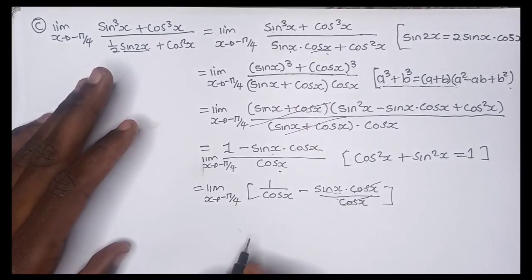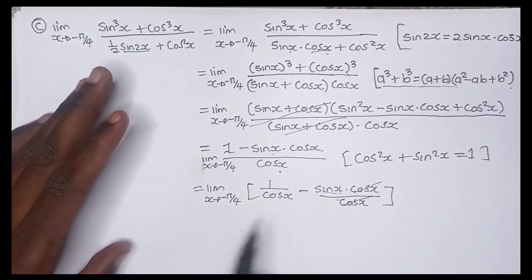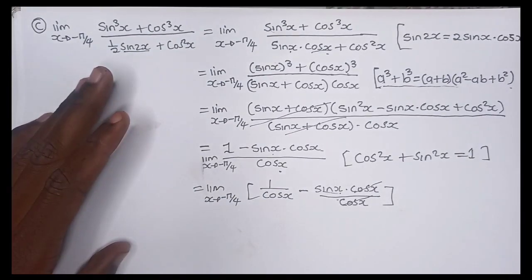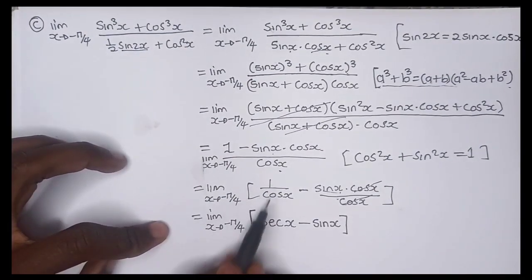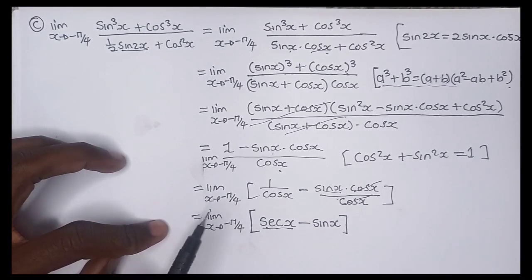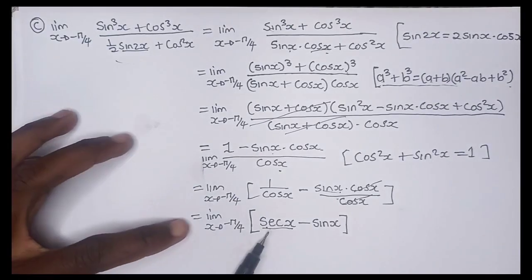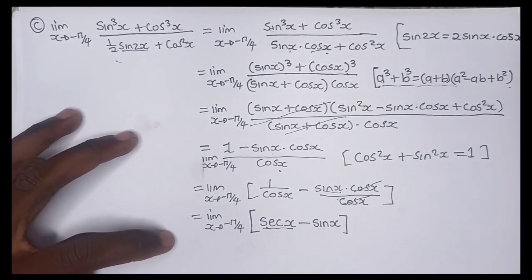I'm left with sine x. And what is 1 over cos x? Since 1 over cos x is the reciprocal of cos, which is sec x, I result simplifying my limit from here to sec x minus sine x.